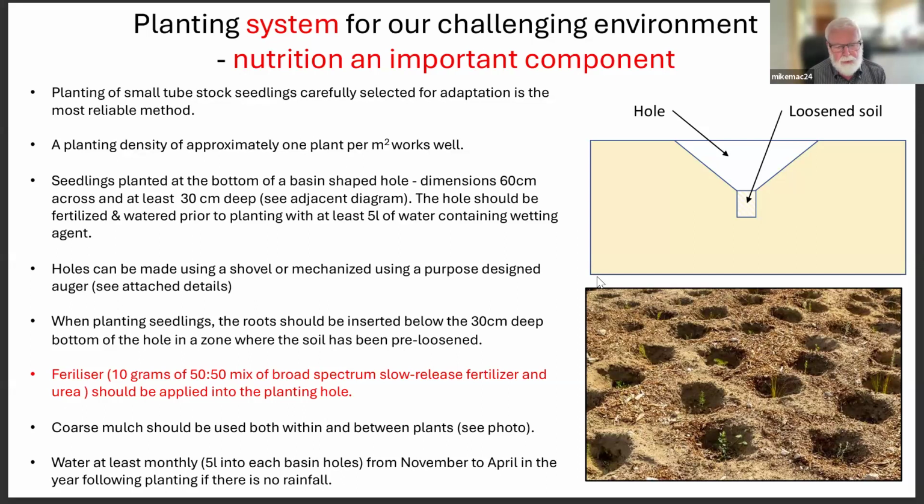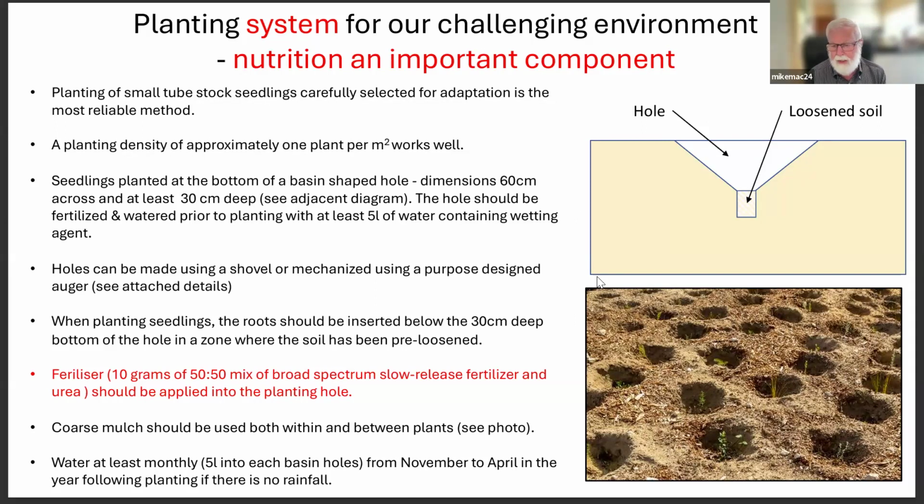And so we've iterated towards a system where we place 10 grams of fertiliser into that hole, made up of a 50-50 mix of a broad spectrum slow release Osmocote and 50% urea, and we just put a pre-measured 10-gram lot into the bottom of the hole and water it in.